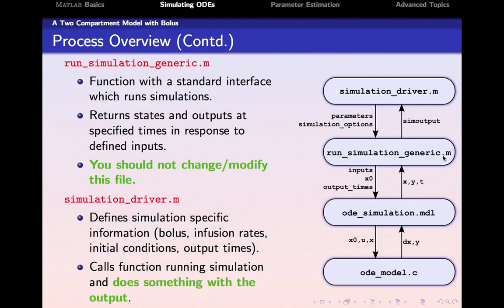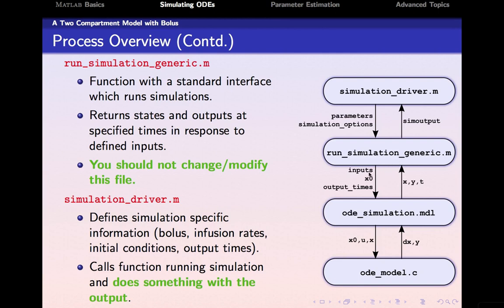Basically, you give it a data structure called simulation options and a set of parameters, and it will manage the starting and stopping of the simulation and running it forward in time, and it will return the value of the states within your model, and it will also return the output values as well. Assuming that run_simulation_generic works as planned, you should never have to edit this file in any way. You should never change it. You should just call it.